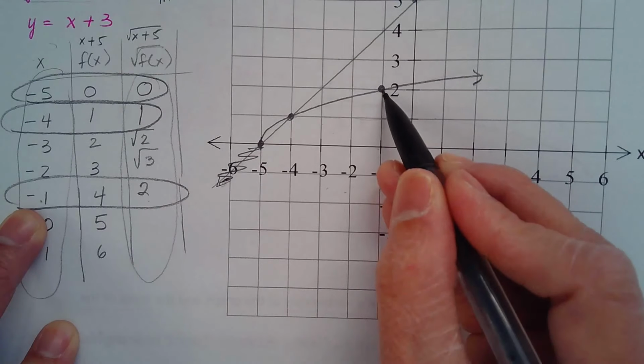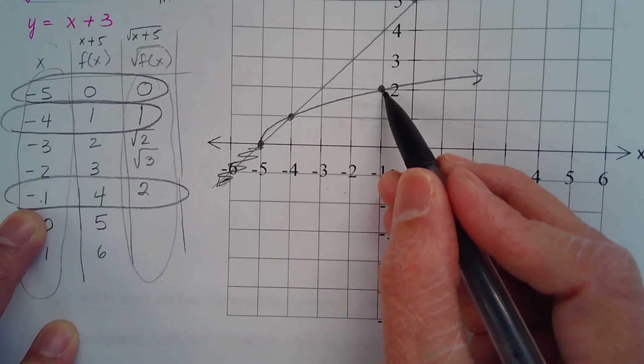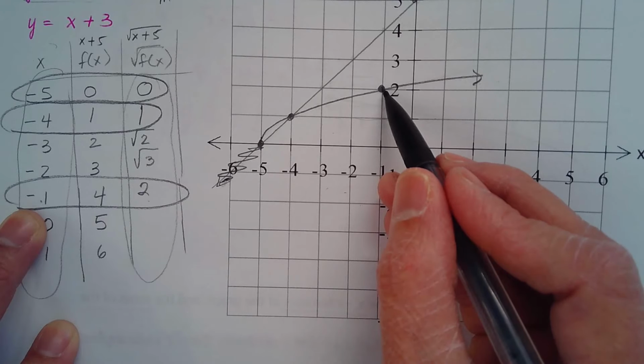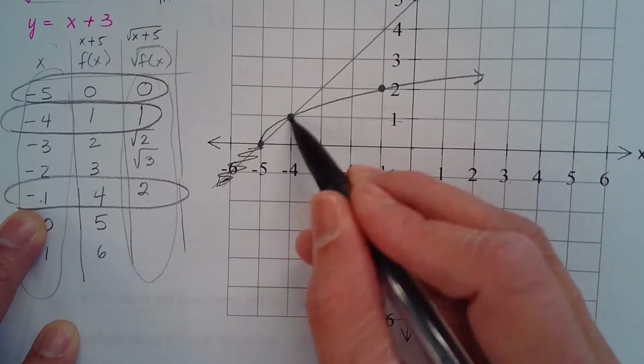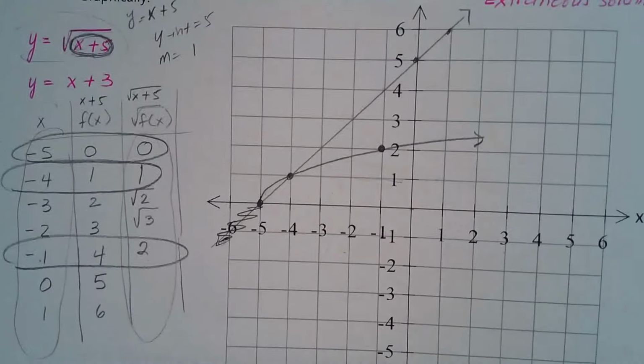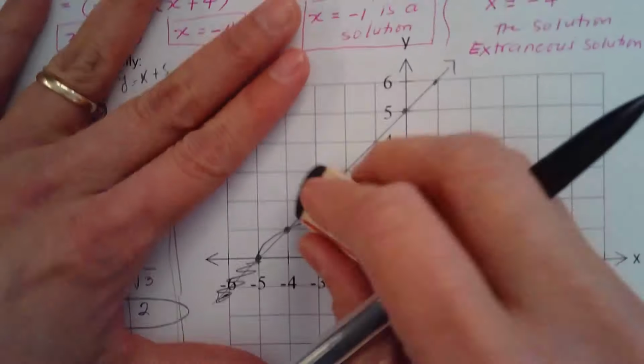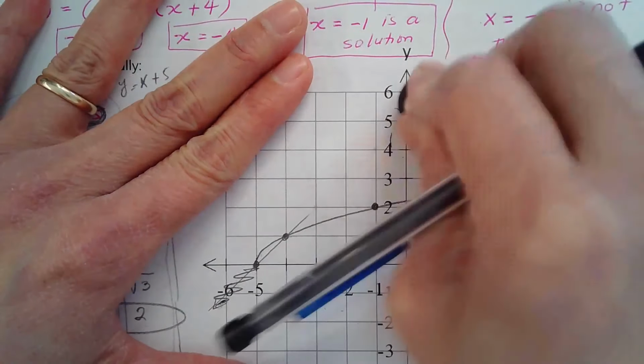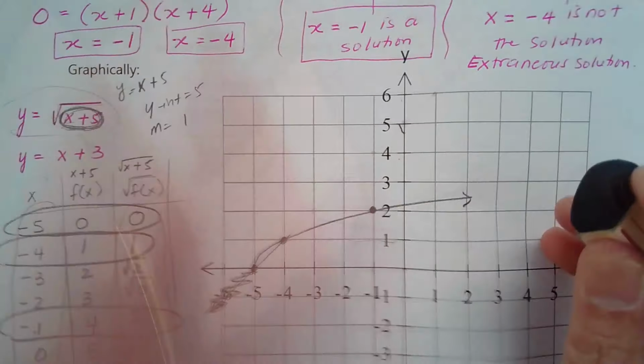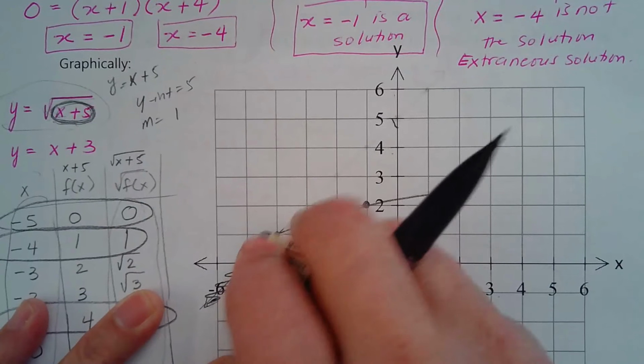Negative 1, 2. Do you see that? Yeah? Those are my invariants, right? Or no? Oh, these two are. Those two, okay. Yeah. So this part here, I could erase this because this is just a way to help me graph my radical function.